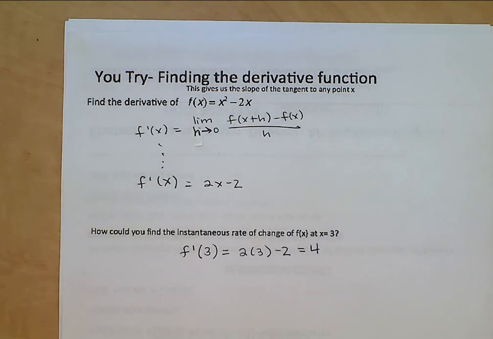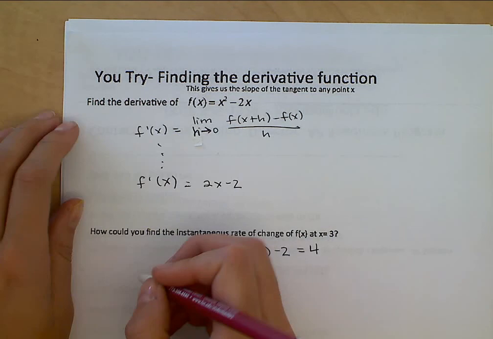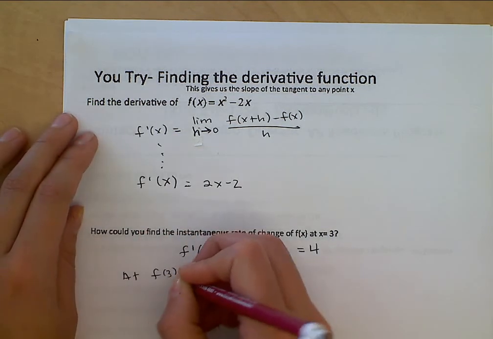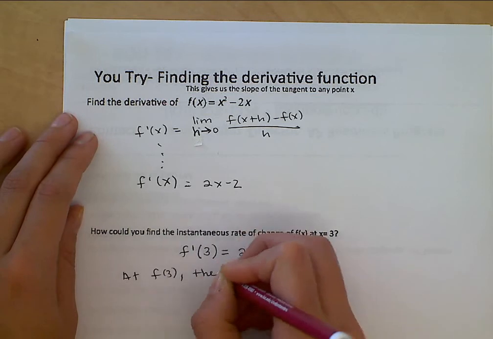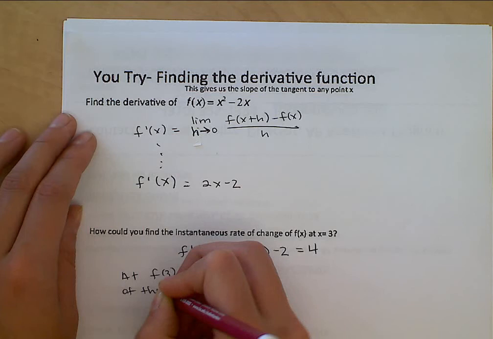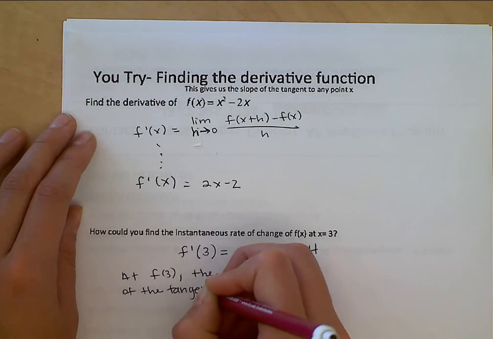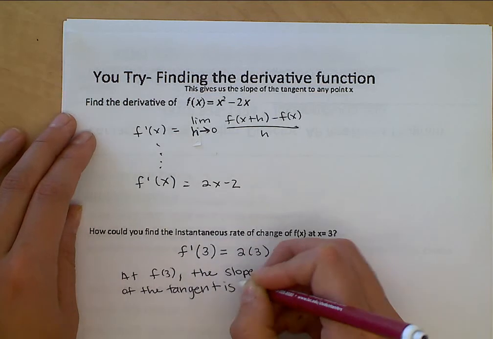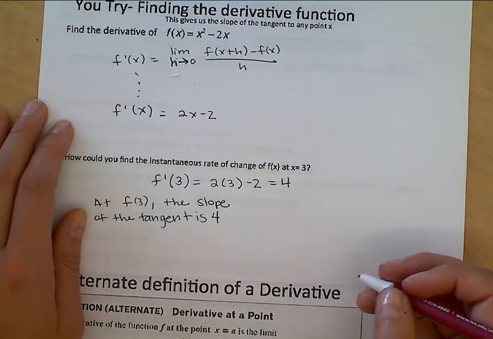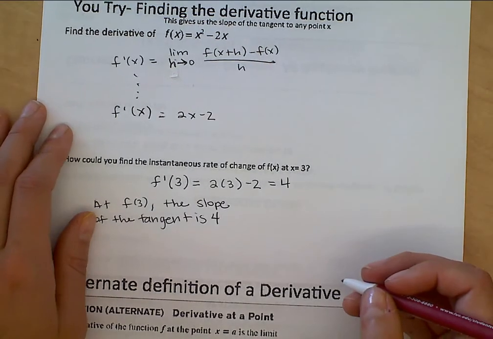This tells us that our function has a slope of 4 at 3. I'm going to write this as a sentence: at f of 3, the slope of the tangent is 4.